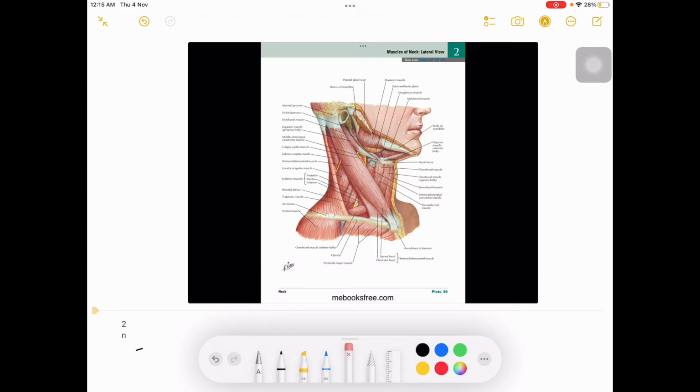The neck is a region that is bounded anteriorly by the midline, imaginary midline you can say, posteriorly by the anterior border of the trapezius, inferiorly by the clavicle, and superiorly by the lower margin of the mandible, and then from the angle up till the mastoid process, and this is the roof.